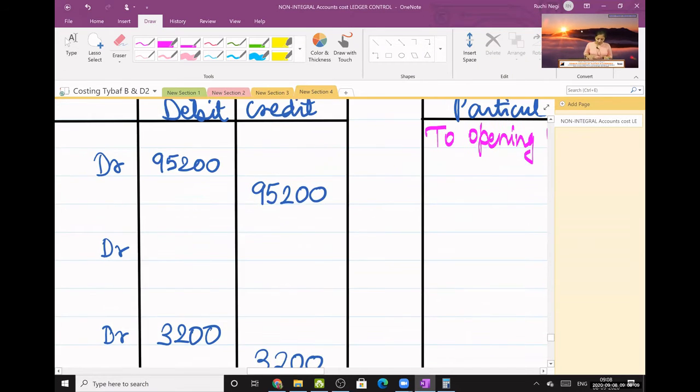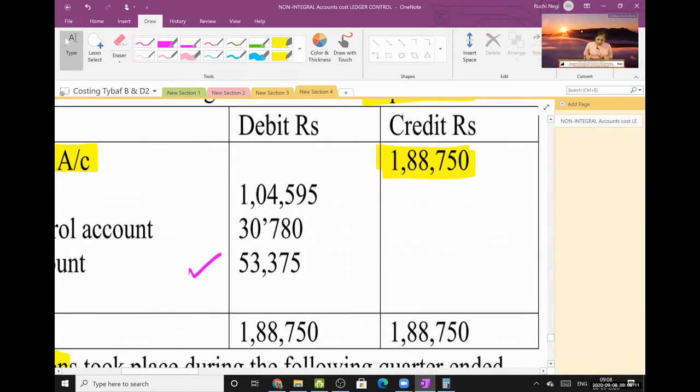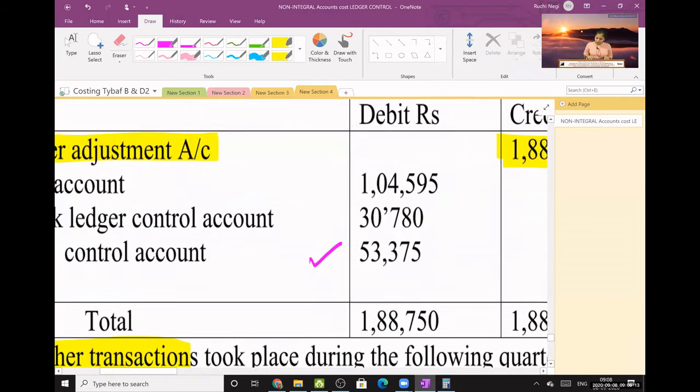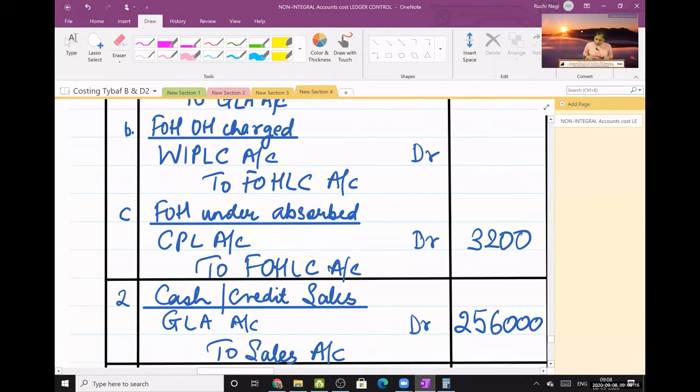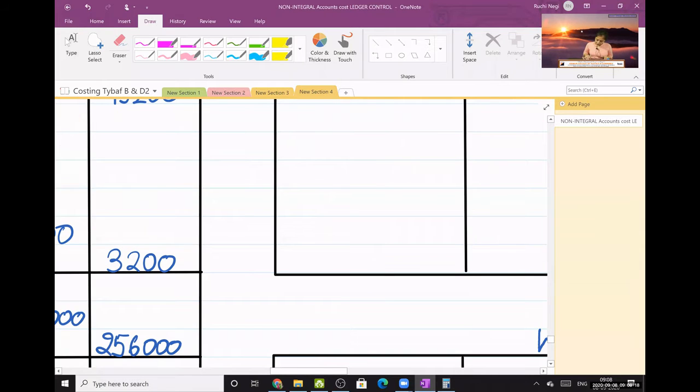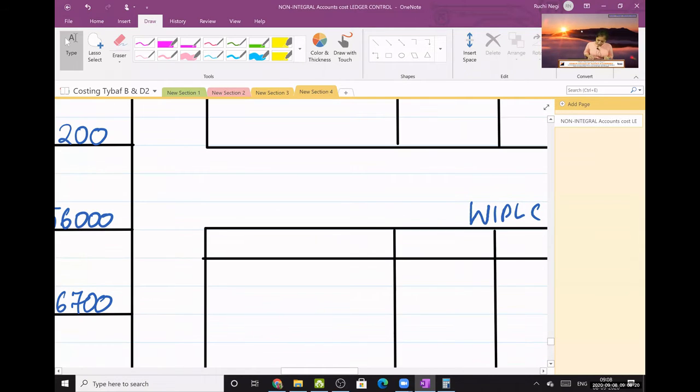Okay, next WIP, 1,04,595. So I get here 1,04,595 to opening balance.